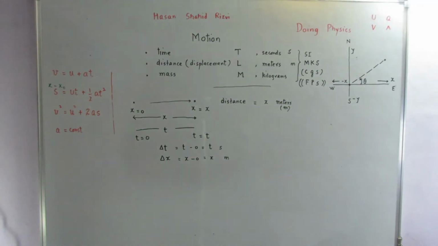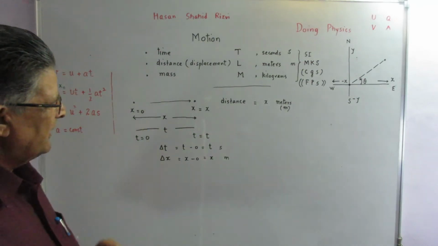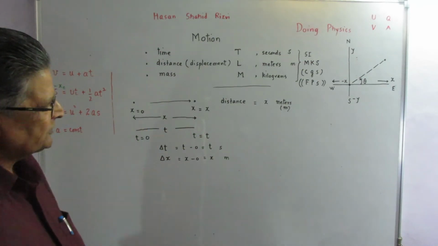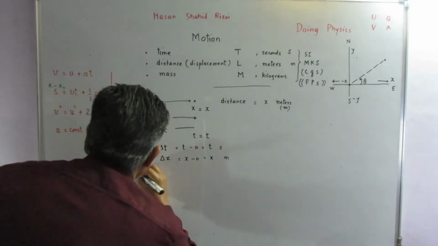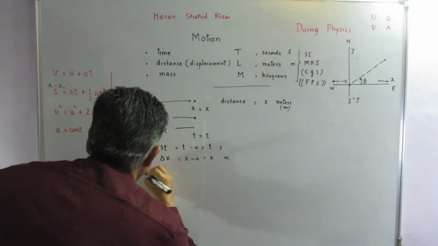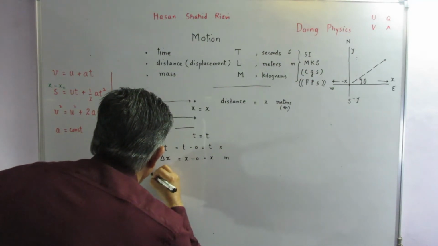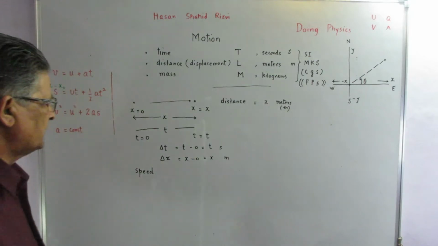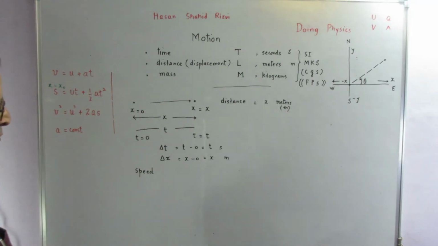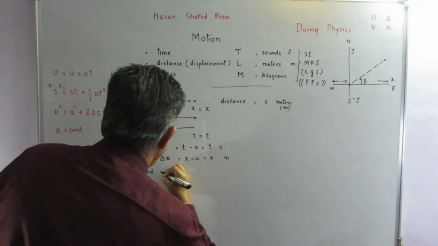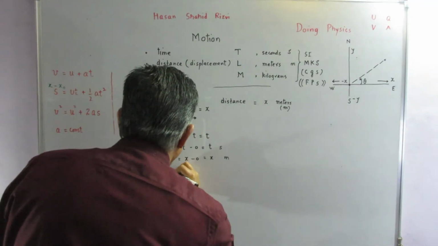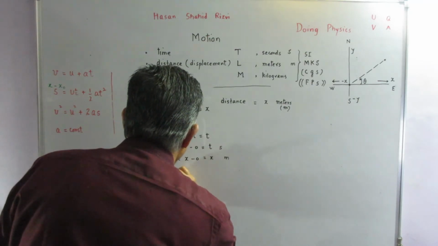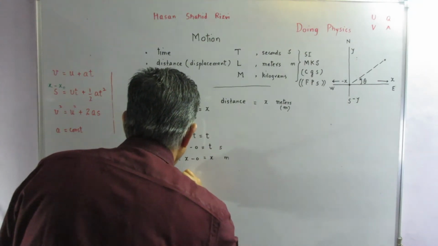So on the average, or just to understand this thing, we are going to define something as speed, which we use in our language of daily use. Speed. Speed is what? This is the value delta x upon delta t.